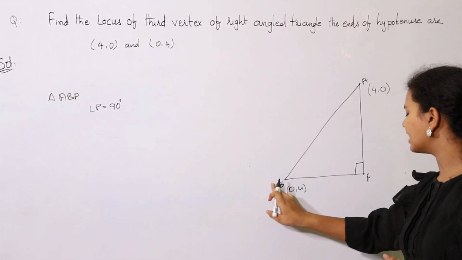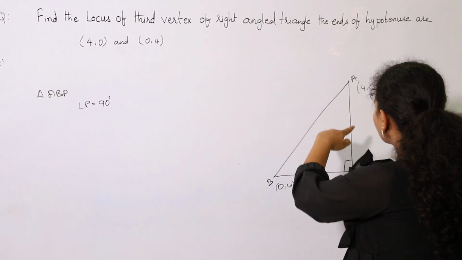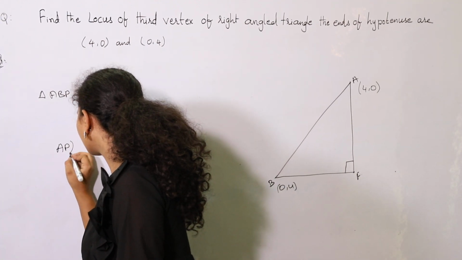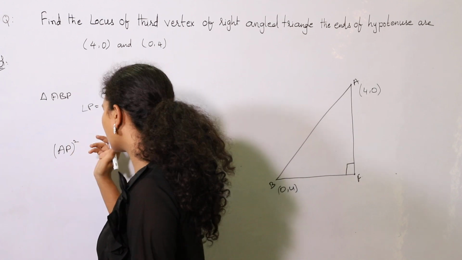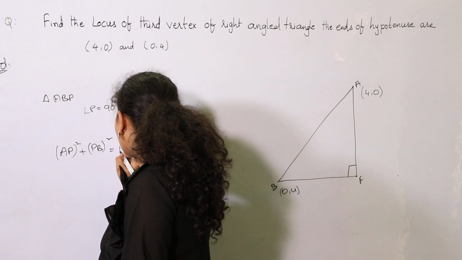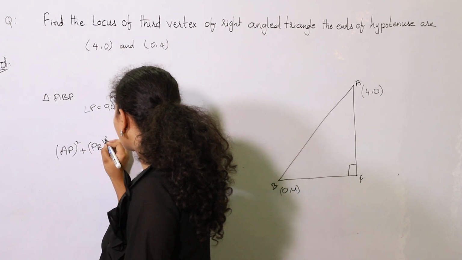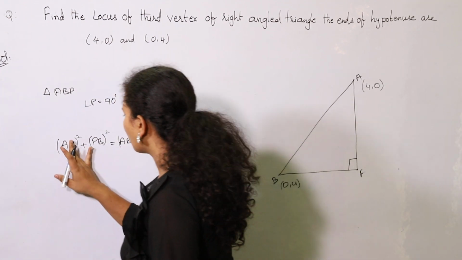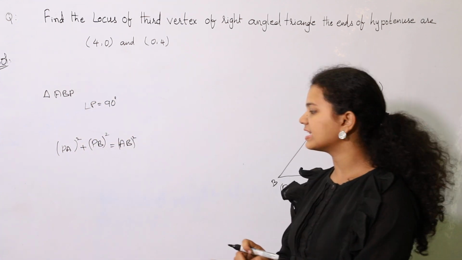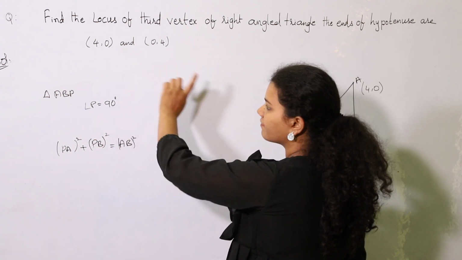So PA square plus PB square is equal to AB square. We know this, so by using this we are going to solve the given question.